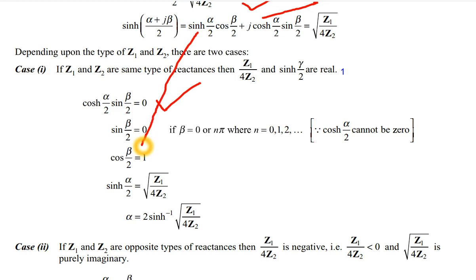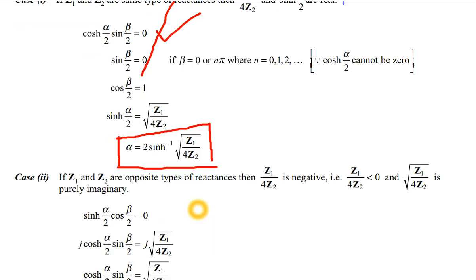With that you will get alpha equal to 2 sinh inverse of square root of Z1 by 4 Z2. This is the important formula for the attenuation alpha.